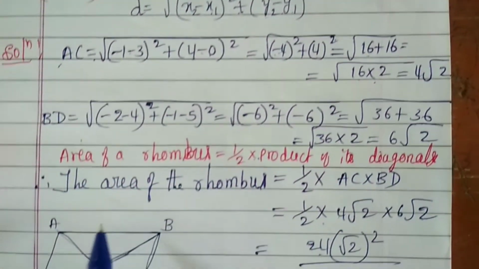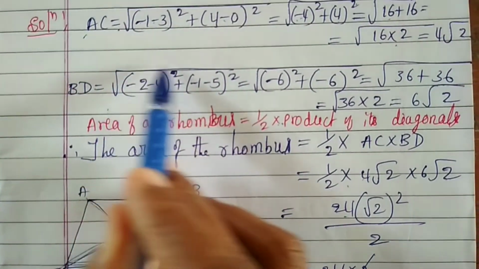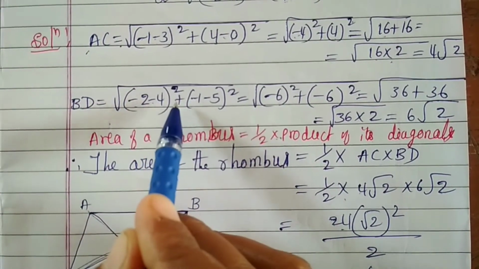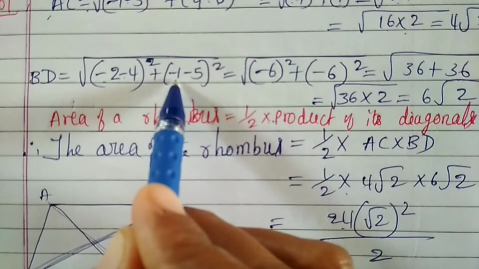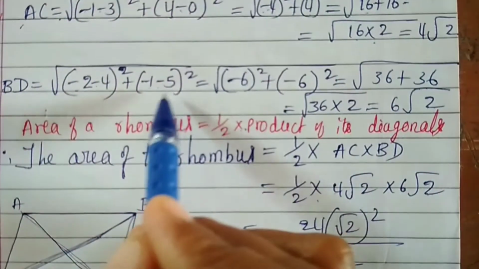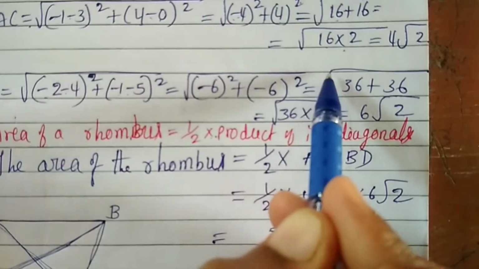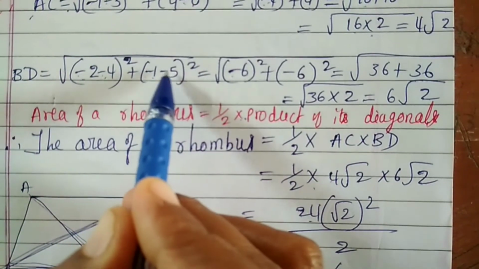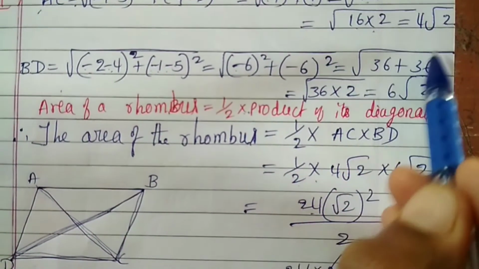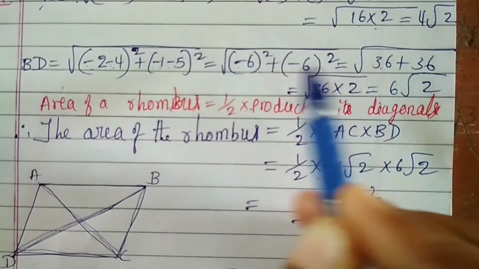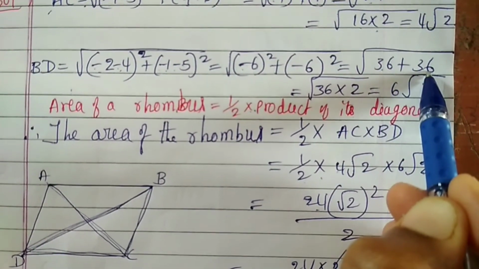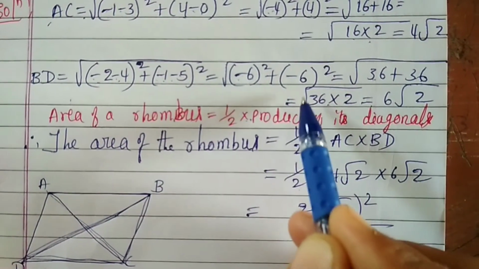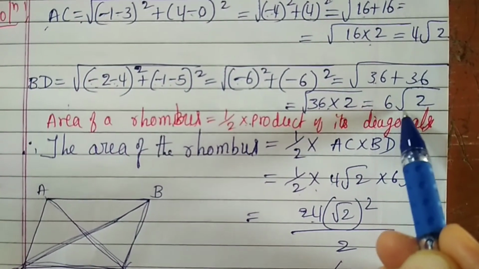Another diagonal BD is equal to root of x2 means -2 minus x1 means 4 whole square plus y2 means -1 minus y1 means -5 whole square is equal to root of -2 minus 4 is equal to -6 whole square plus -1 minus 5 is equal to -6 whole square is equal to root of 6 6s are 36 plus 6 6s are 36 is equal to root of 36 into 2 is equal to 6 root 2.